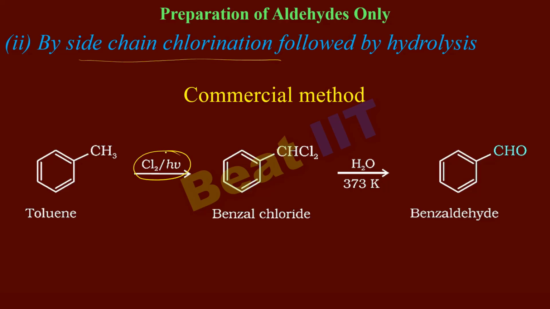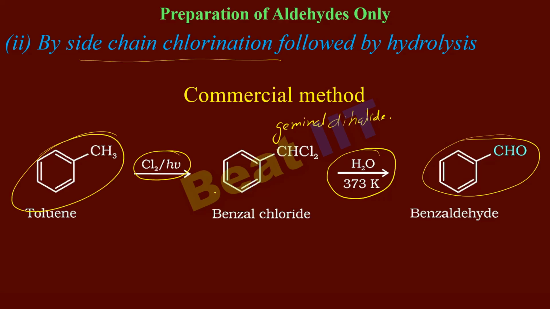So the conditions are same, but we have two chlorines here and both chlorines are on same carbon, which means it is a geminal dichloride. And then at 100 degrees Celsius, that is boiling water, it is converted to benzaldehyde.